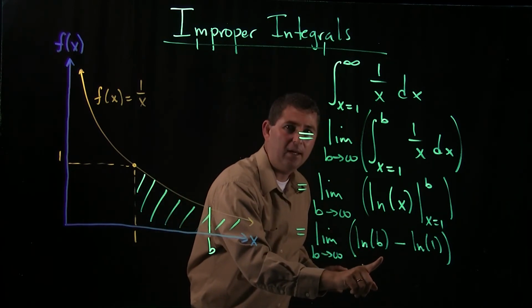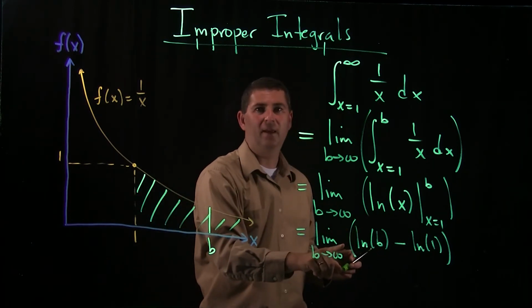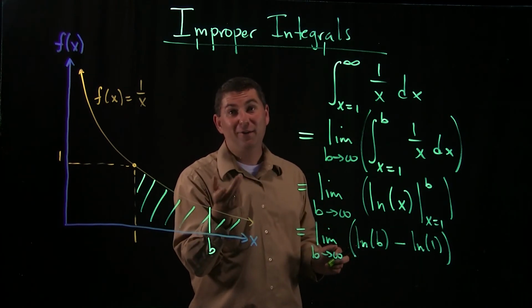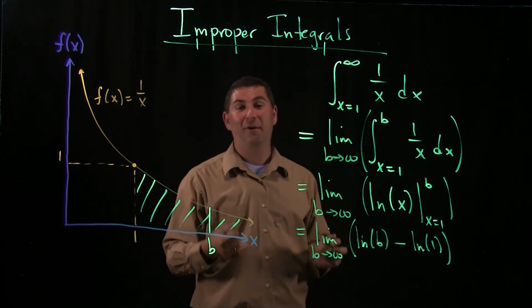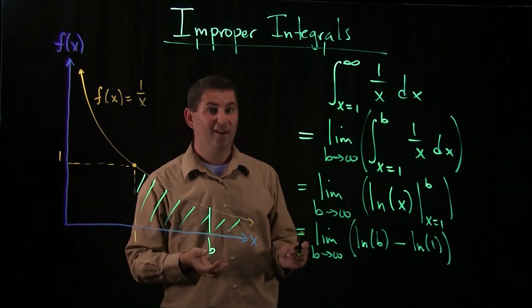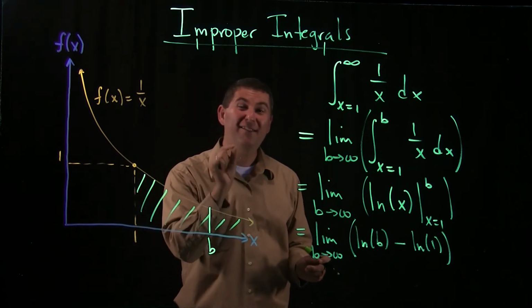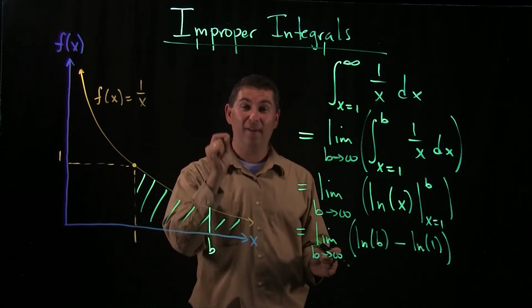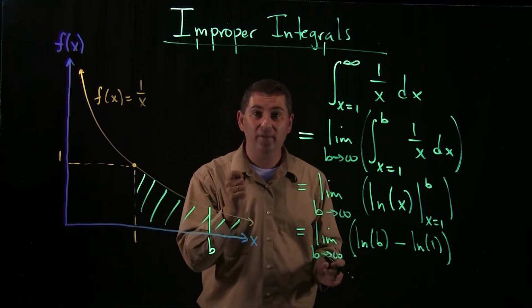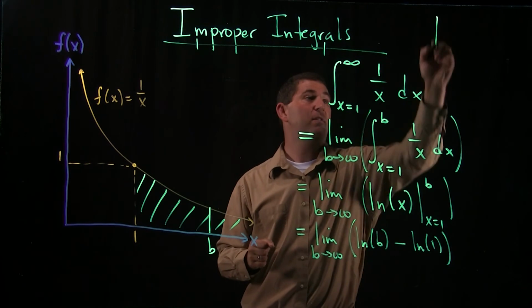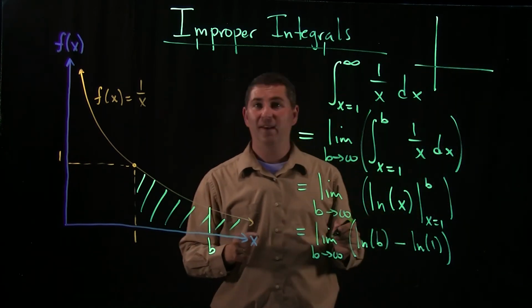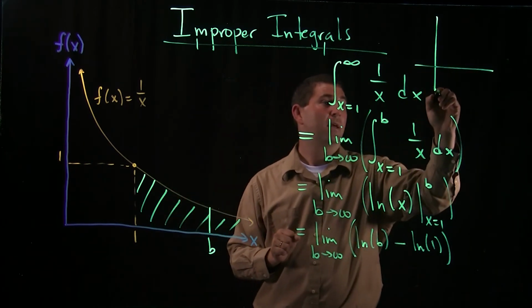What's happening as b goes to infinity to ln of b? Well, this would be a good time for you to write down a graph of the natural log function. You can't do it? Okay. It's something you should know. Okay, if you can't do it, learn to do it. This is very important. Okay, I'm going to sketch it up here for you, but next time I won't do it.